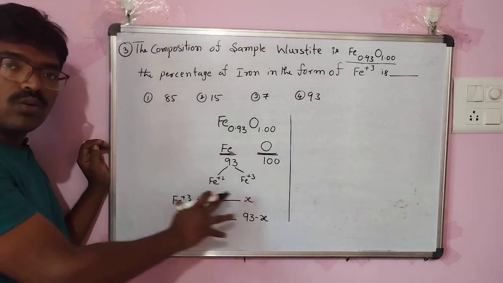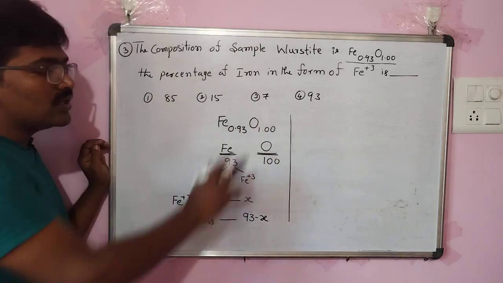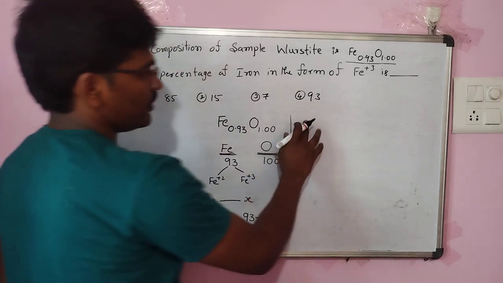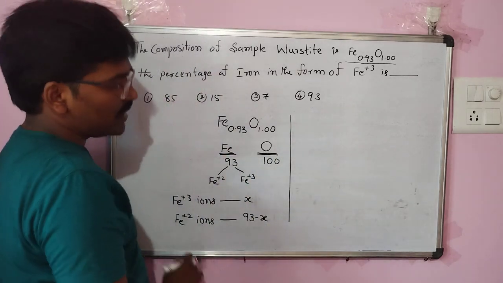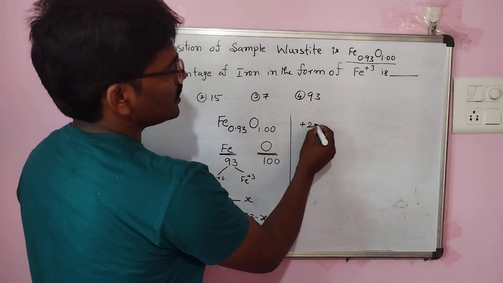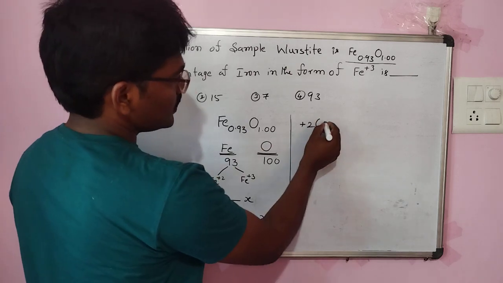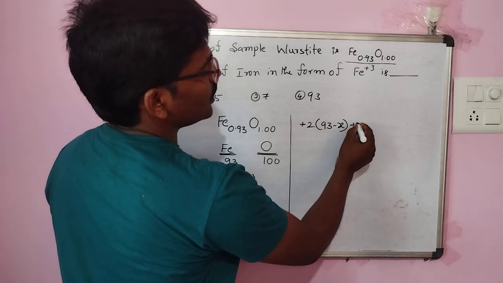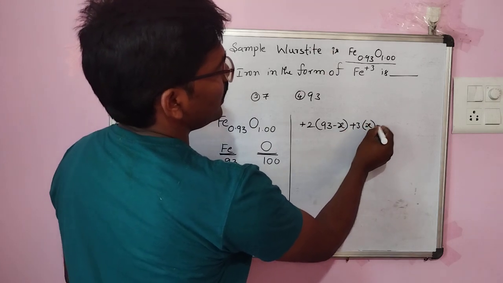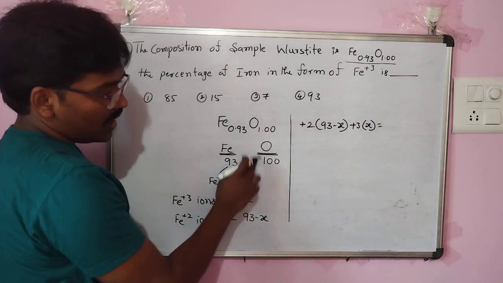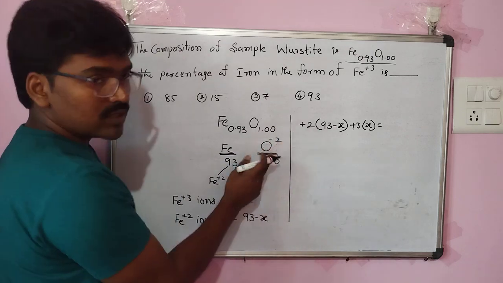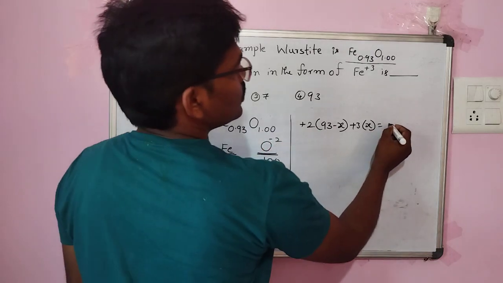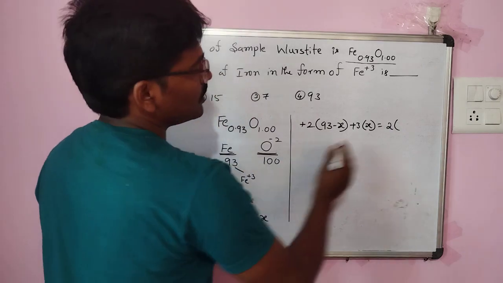Now you have to take the total charge of cation and the total charge of anion. Total charge of cation: plus 2 state for 93 minus X, plus 3 state for X, equals oxygen minus 2 oxidation state, which we know, right? So 2 into 100 atoms.